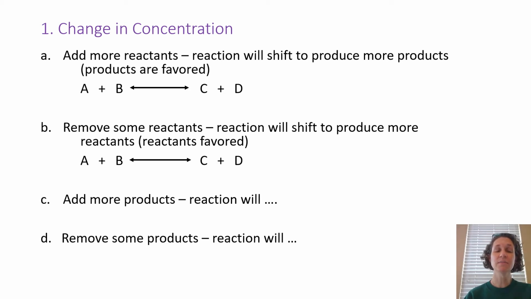But I mess it up somehow, and I come along and I add more reactant. So I add some more A to the reactant side. So now all of a sudden my seesaw, instead of being level, is heavier on this side.